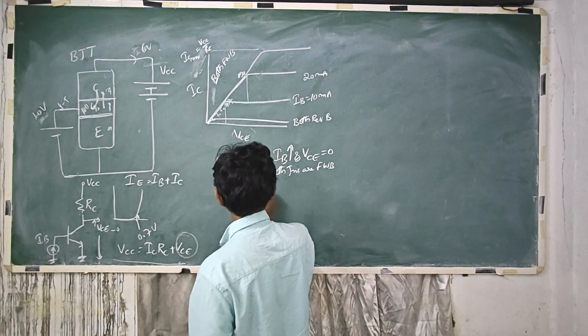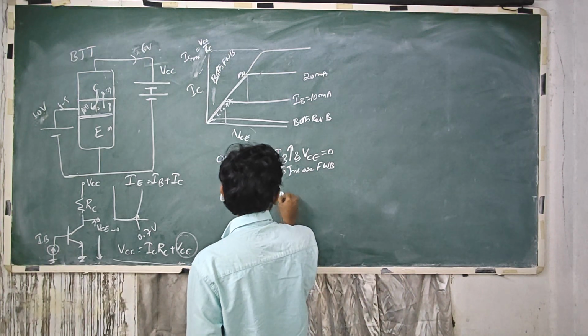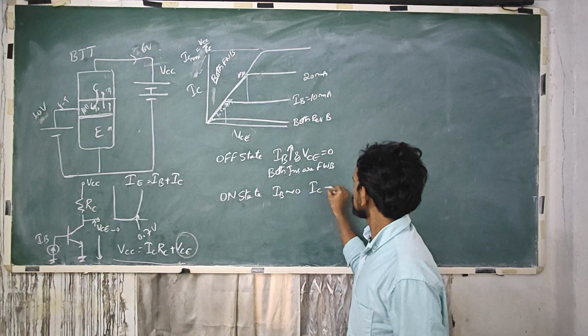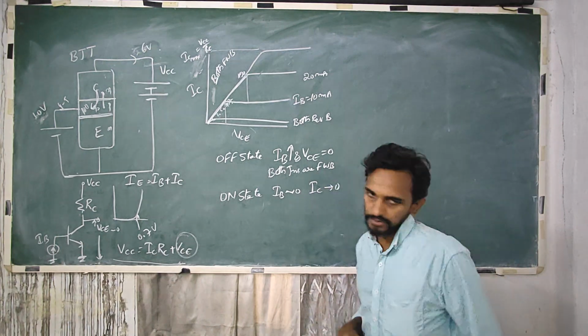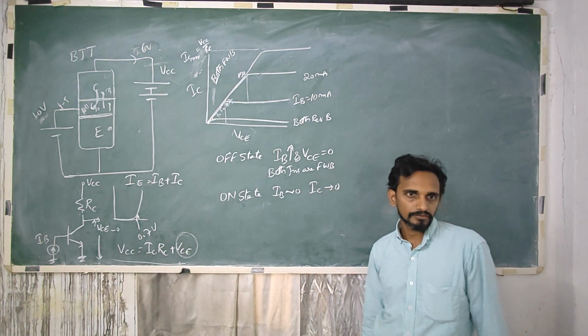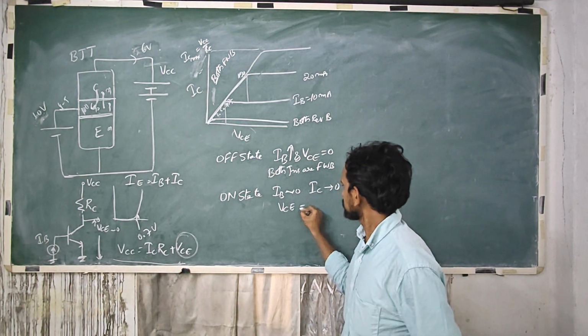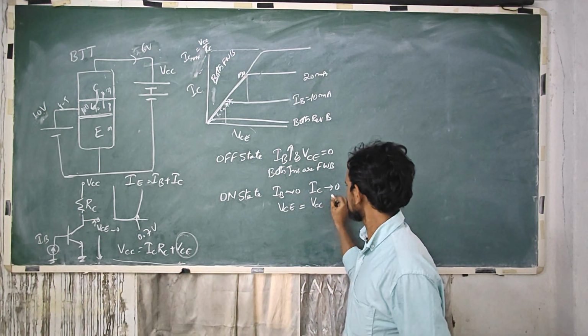Why is it called the on state? So when IB is nearly 0, IC becomes 0. So VCE is equal to VCC, which is maximum.